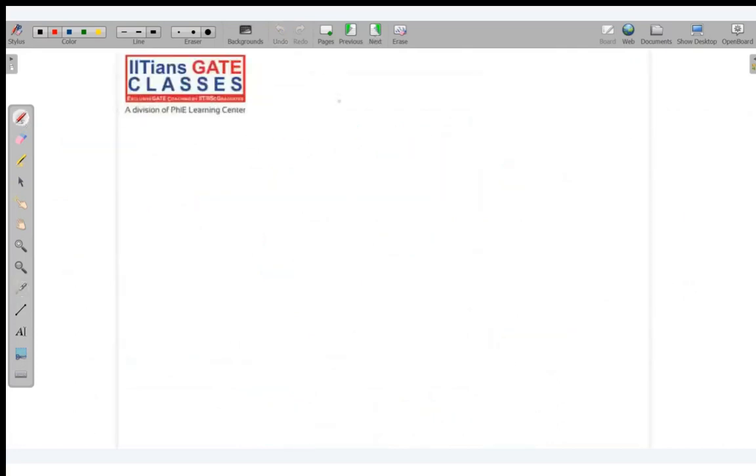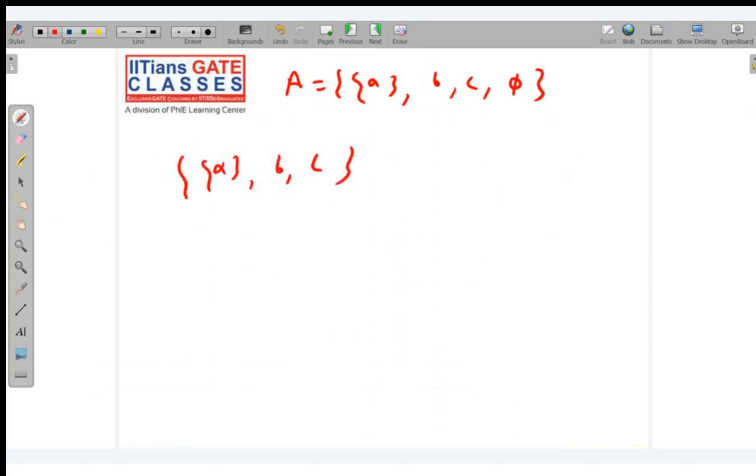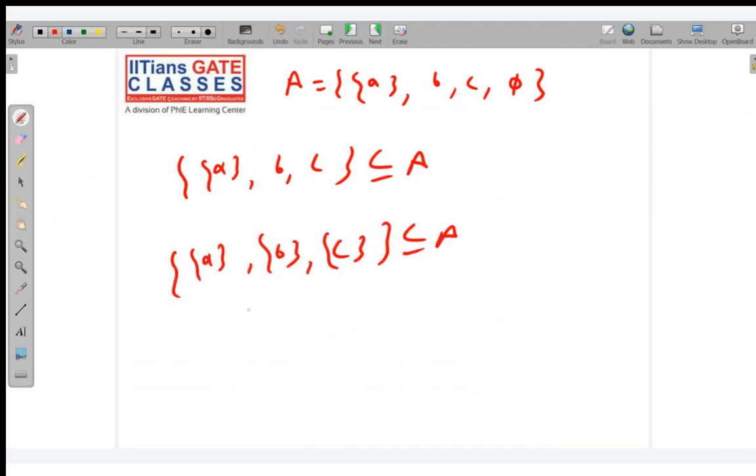So the next question: A is {A, {B, C}, 5}, and now I'm asking, is {A, B, C} a subset of A? And then, is {A, B, C} a subset of A? B belongs to A?